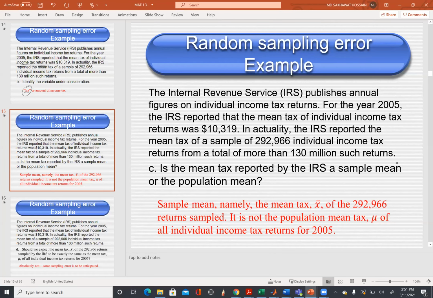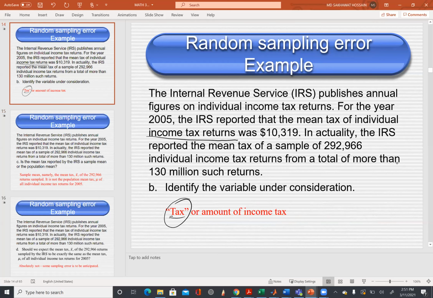Then part C is the mean tax reported by IRS a sample mean or population mean? So is it a sample mean or population mean? Yes, it is a sample mean.